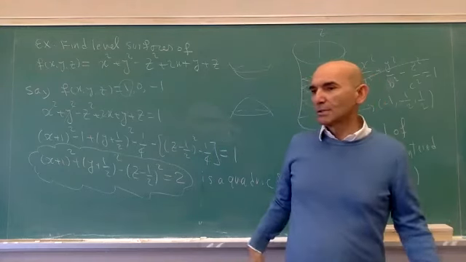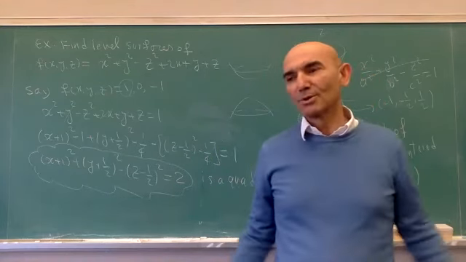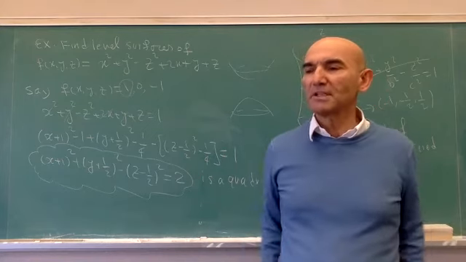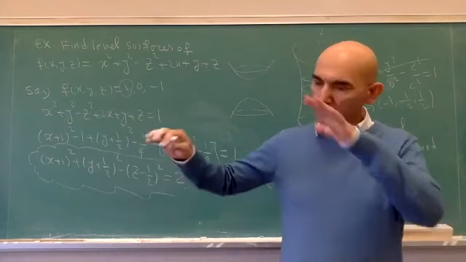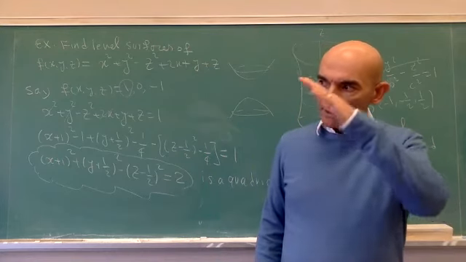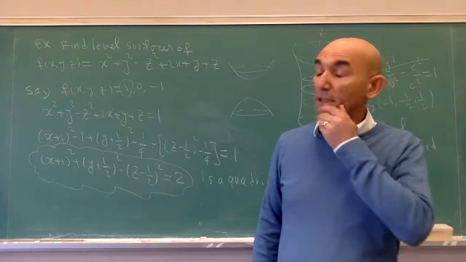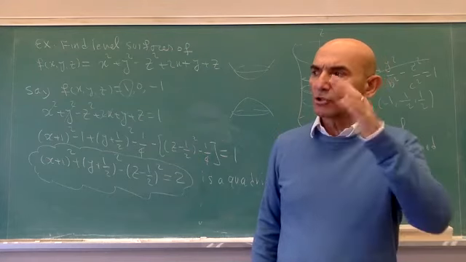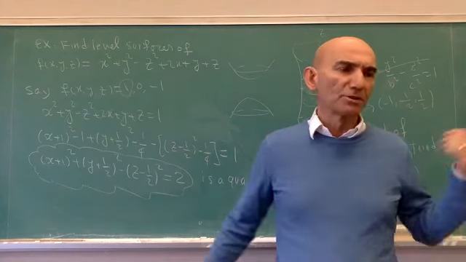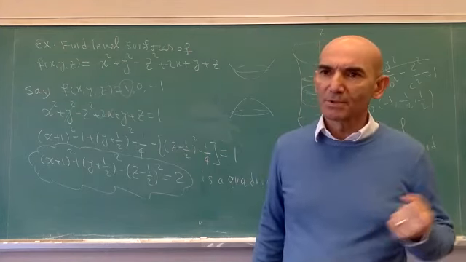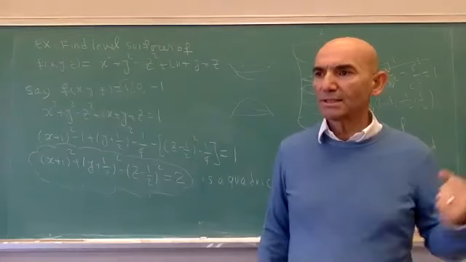But we cannot imagine 4-dimensional space, so that's not very feasible. It exists as a 3-dimensional object in this 4-dimensional space, but it's very hard to imagine. So we don't draw it, at least not in this course.